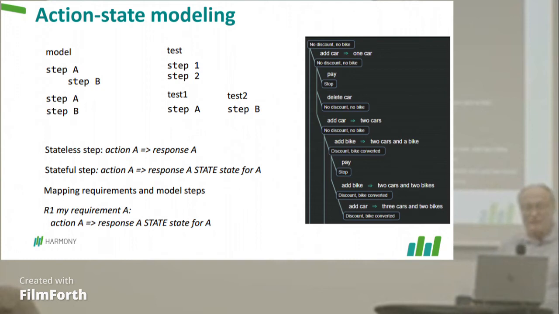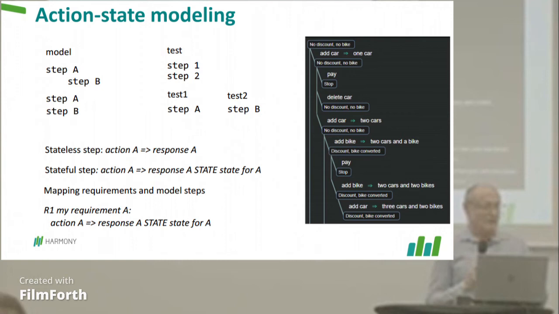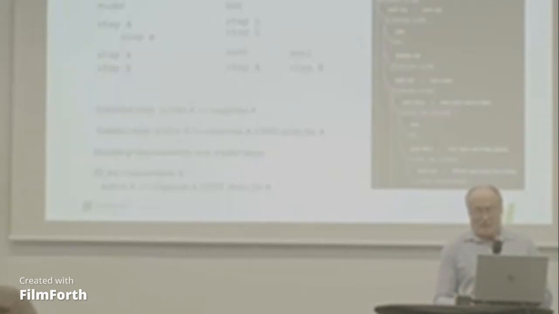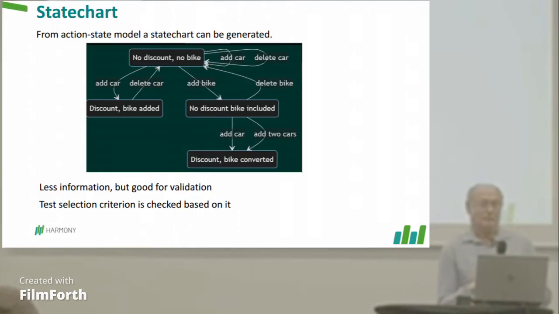Okay, as I mentioned, we can omit both the response and the states, and we should connect or map the requirements with the model and the test cases. And on the bottom, you can see a label R1, my requirements A.